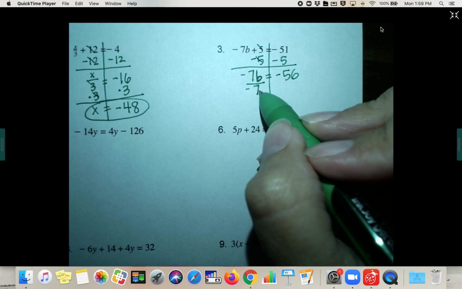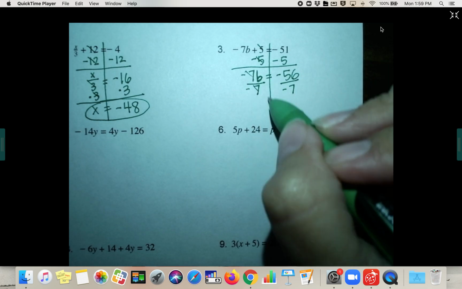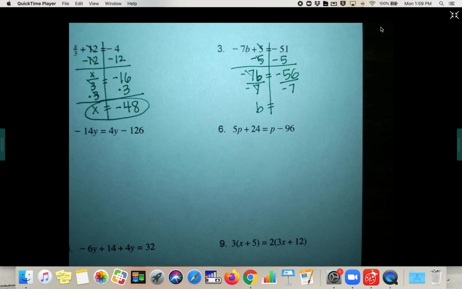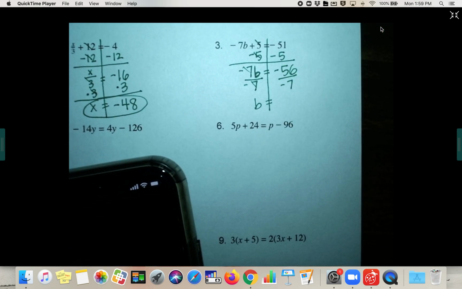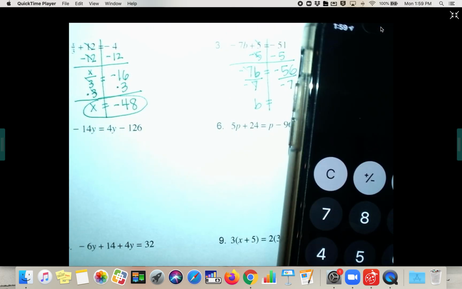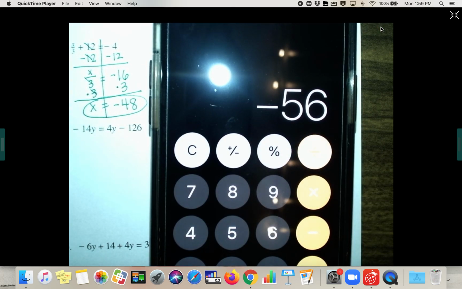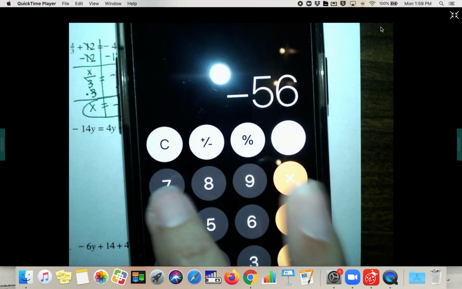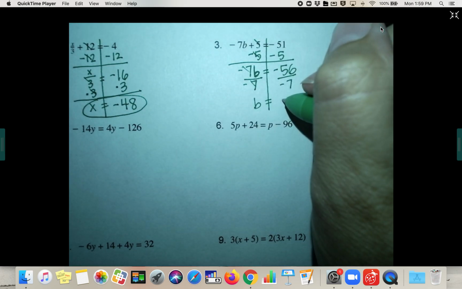Divide by exactly what's next to your variable, what's being multiplied by it. So here's where a lot of people missed it on the first quiz we took. You didn't realize that a negative divided by a negative is going to be a positive. So just use your calculator. Negative 56 divided by negative 7 equals positive 8. Always check on your calculator.